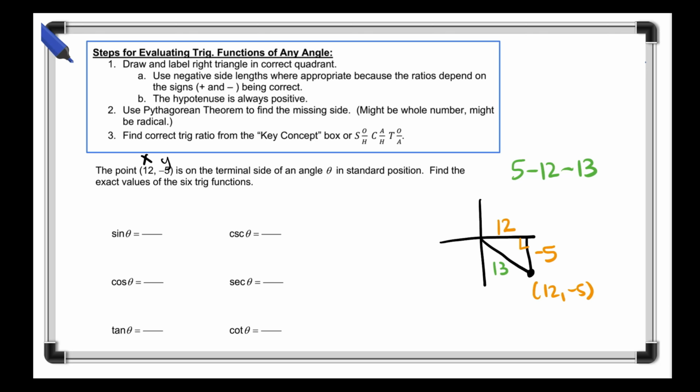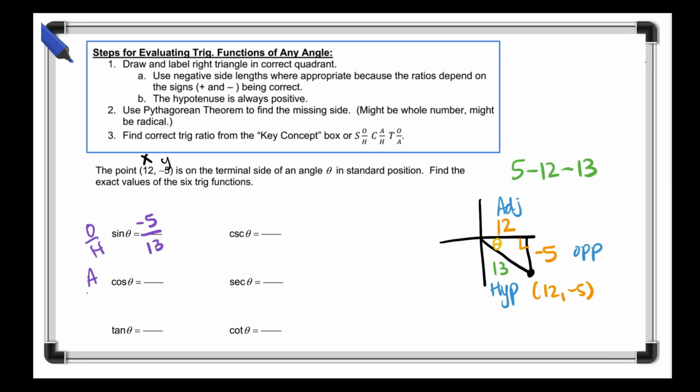Now we're going to evaluate the 6 trig functions using the sides that we have. Our angle is always based around the origin, no matter where the triangle is. From there, I have my opposite side, the adjacent side, and the hypotenuse. So my sine is opposite over hypotenuse, which is negative 5 over 13.